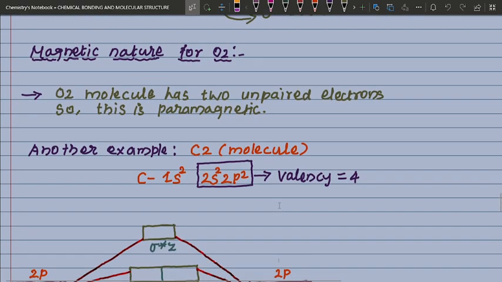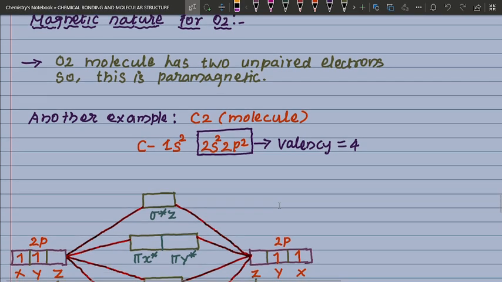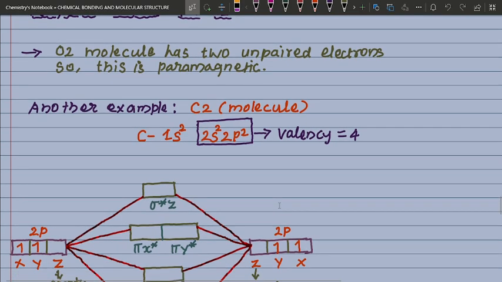Another example, the C2 molecule, carbon molecule. We know that carbon valence is 4. See the electron configuration 2s2 2p2, totally 4 electrons. See below the diagram.